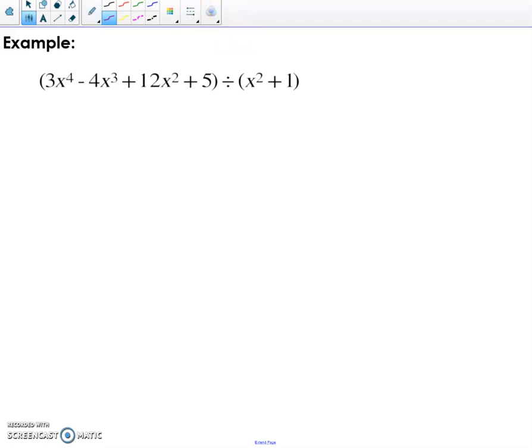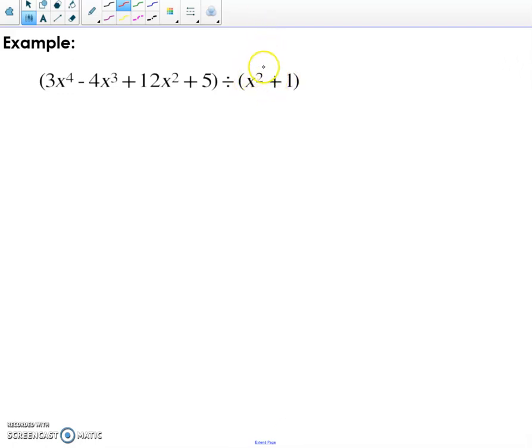The main thing that we want to pay attention to when we're setting up any division problem is that we need to have every term accounted for when it's written in standard form. In the previous two problems, we didn't run into this problem, but now we do, so this is why I'm going to mention this now. On the outside, we're still going to put this x squared plus 1, but if we think about standard form, it goes from highest to lowest exponent, and we're missing the x term.